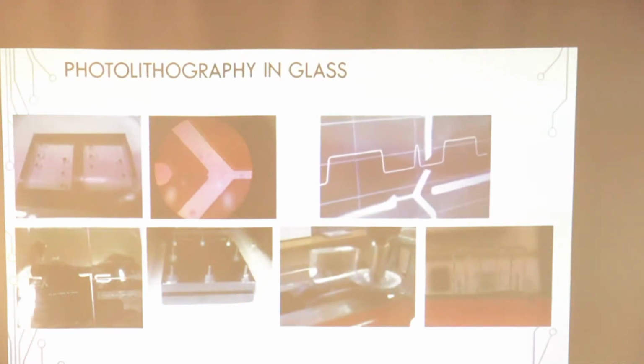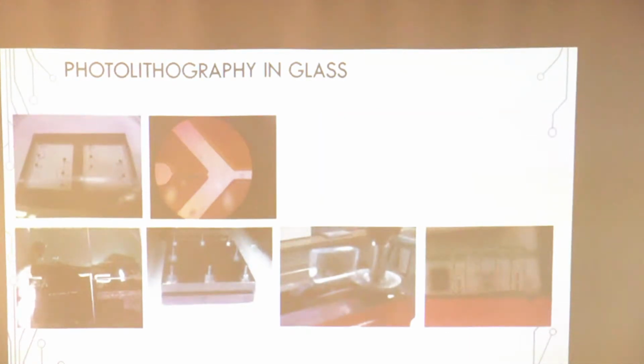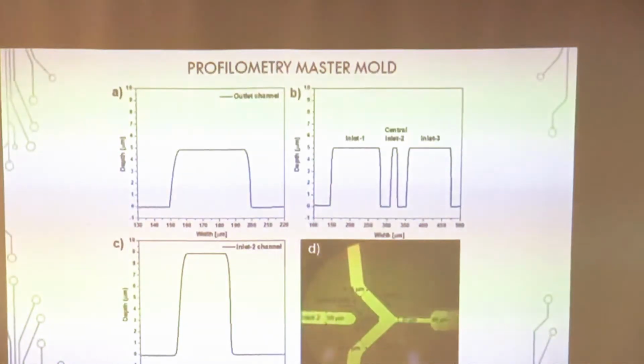After making the mold, we need to reproduce these channels, because as you can see, they are not real channels, they are protuberant. So we need to use a biopolymer to copy this. Basically, it's like a jelly. And this is the geometry that we developed here, as I told you.